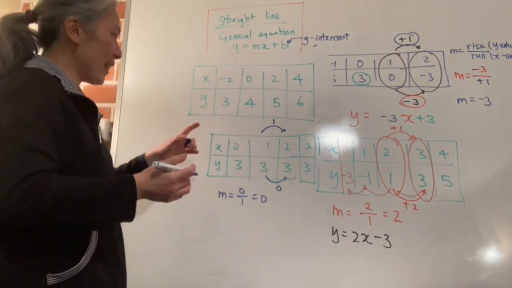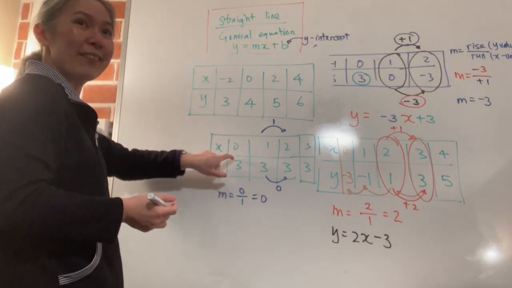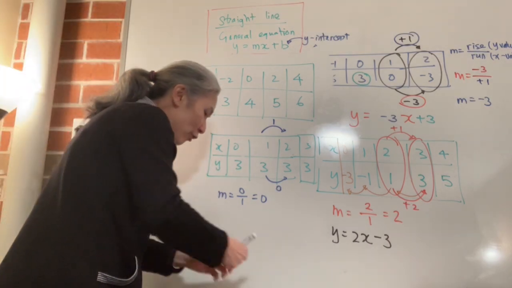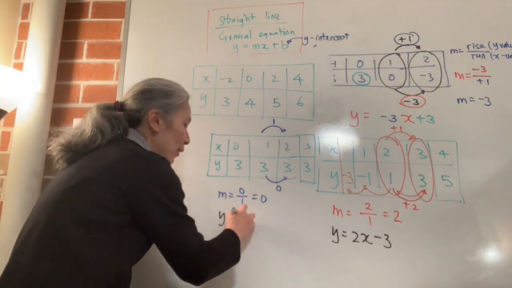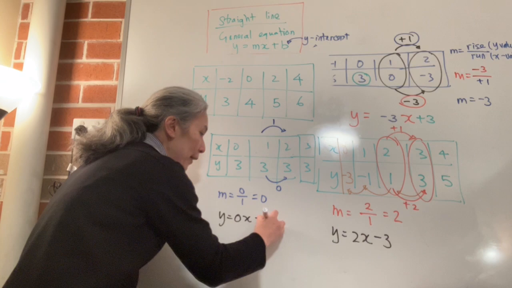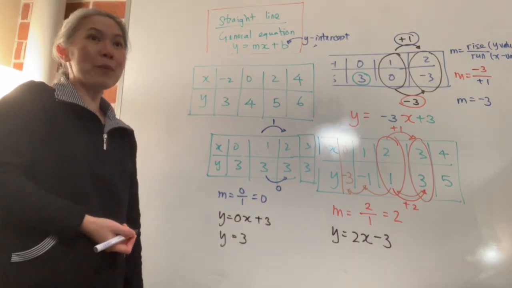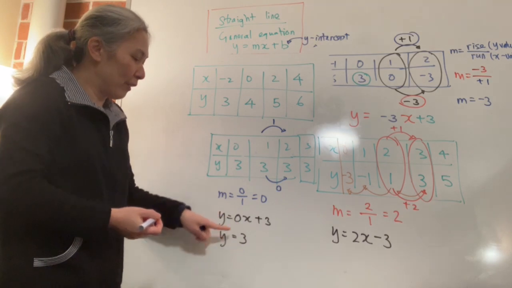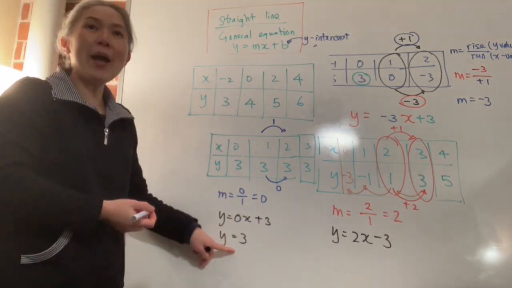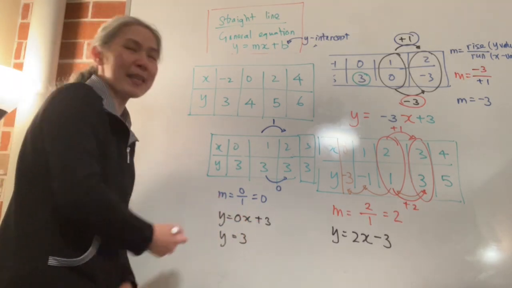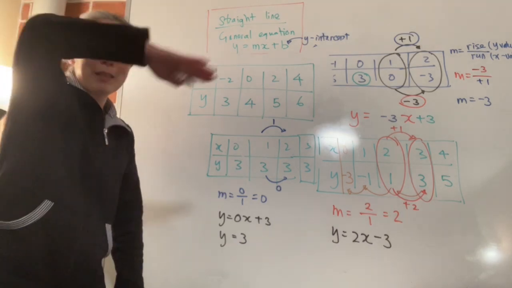And the y-intercept is 3. So my equation has to be y equal to 0x plus 3. That's why when it is horizontal, the gradient is 0, therefore there is no x in here, because you have 0 times x. That's why there is no x when you have something flat.